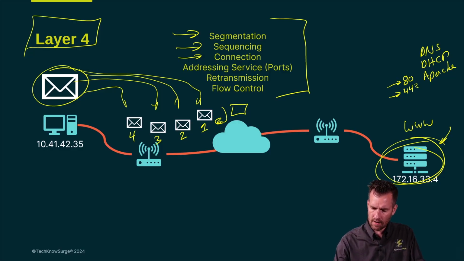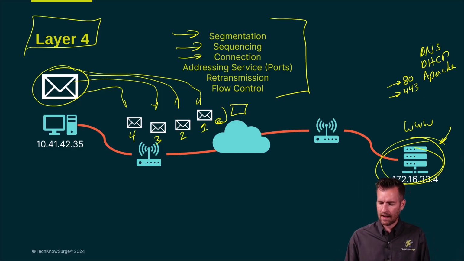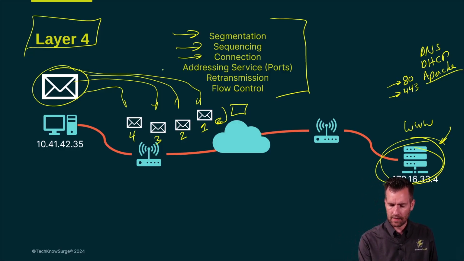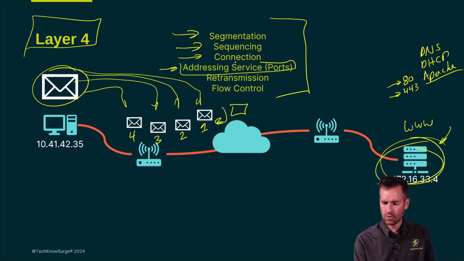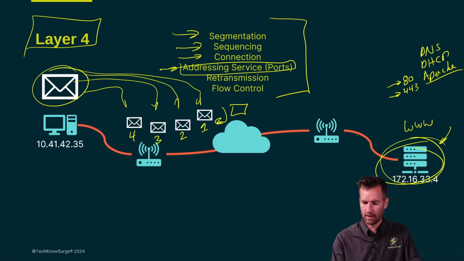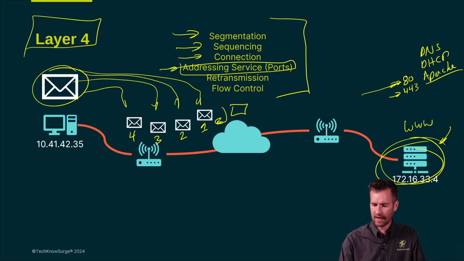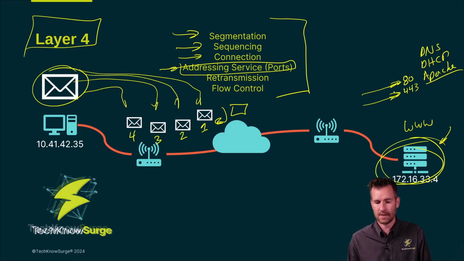Those are the different ports that are running on this for Apache, so Apache can deliver this website. So layer 4 will have that port that it's trying to address, the destination port. If the destination port is port 80, then it's probably HTTP traffic, and if it's 443, then it's probably HTTPS.